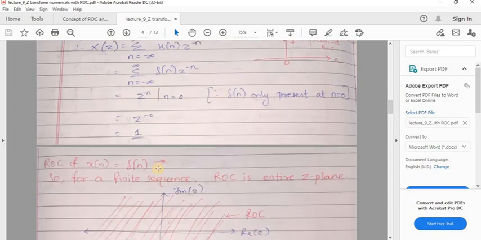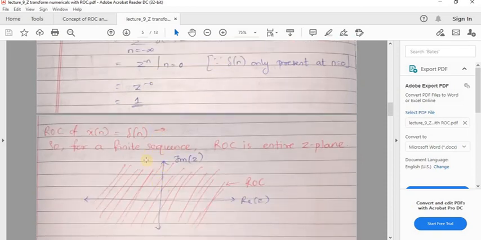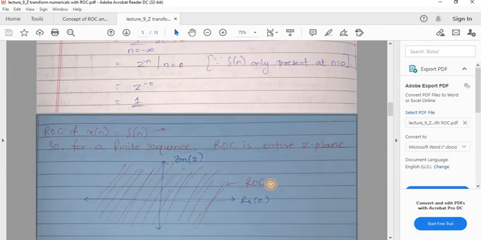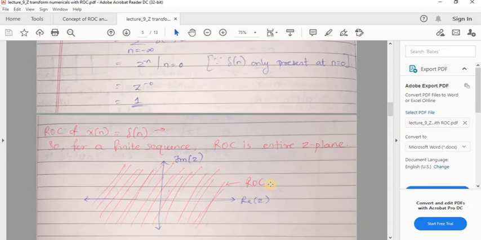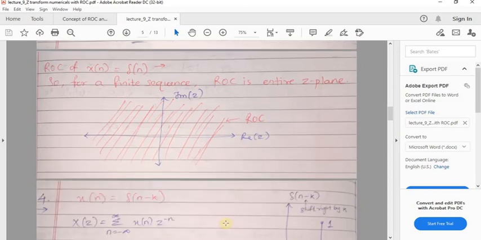So for this, the ROC of the z transform is the entire z plane. No need to draw, no need to find any poles. ROC is the entire z plane, so you can show it like this, all over the plane.